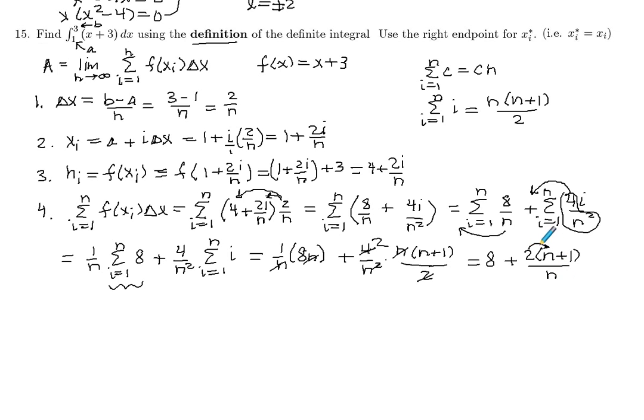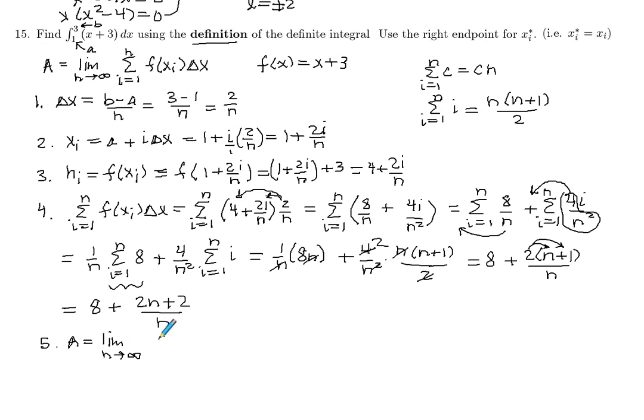And now multiply this in. So we've got 8 plus 2n plus 2 up on top over n. And so this is simplified as far as you can, and now step 5 is to take a limit. So your area is going to be the limit as n goes to infinity of this Riemann sum, which we worked out and simplified down right here.